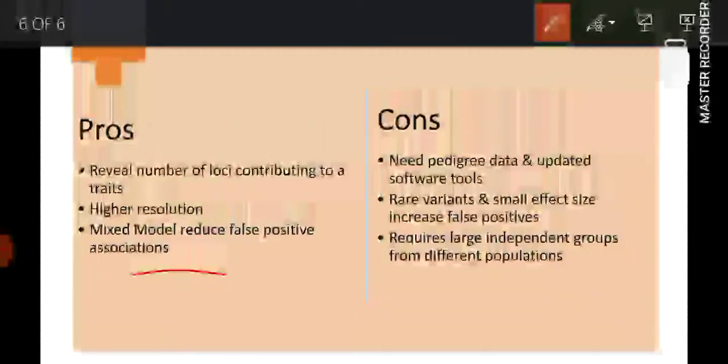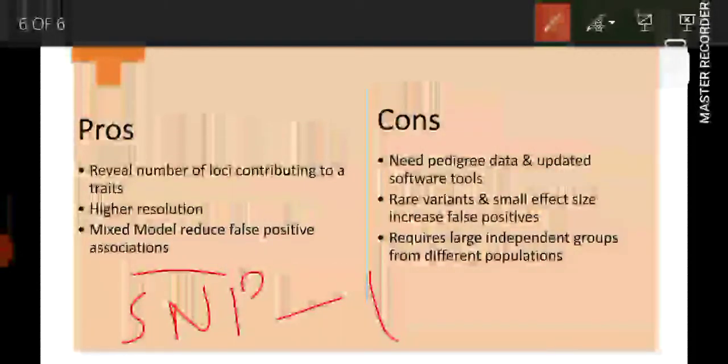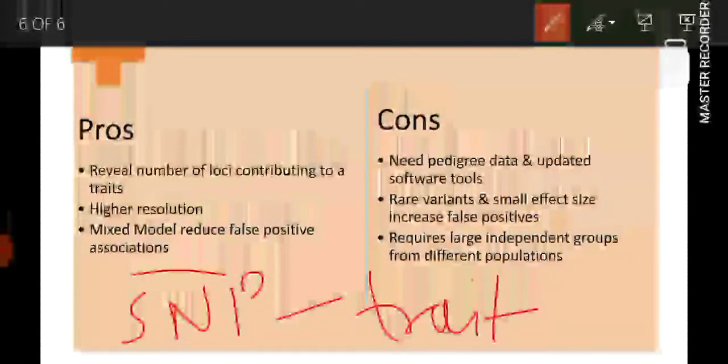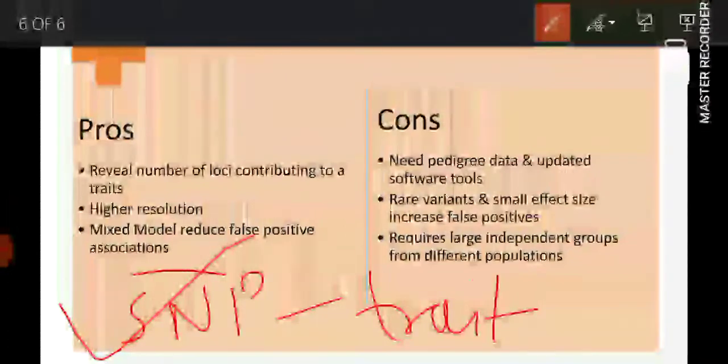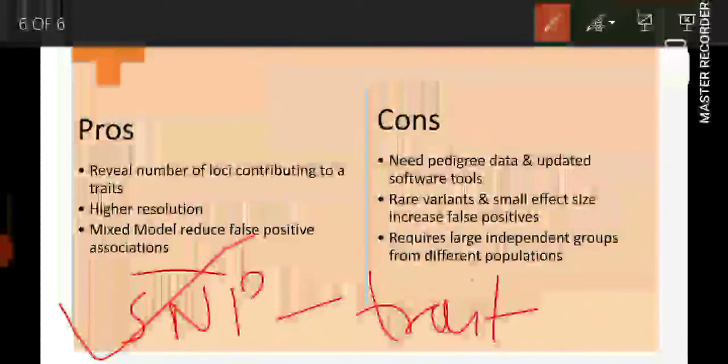False positive association means that you have found a particular SNP that is significantly associated with a particular trait, but actually there is no significant association.